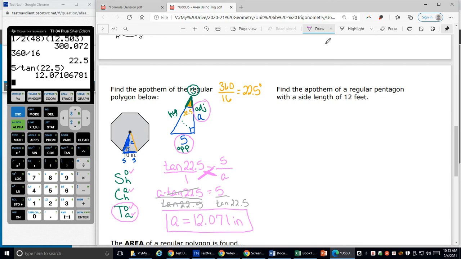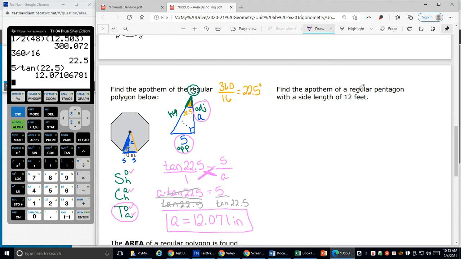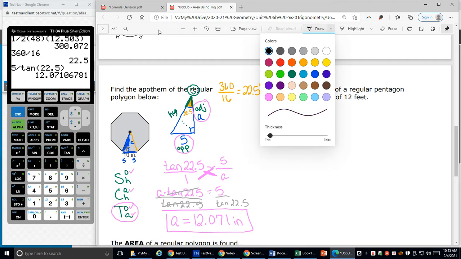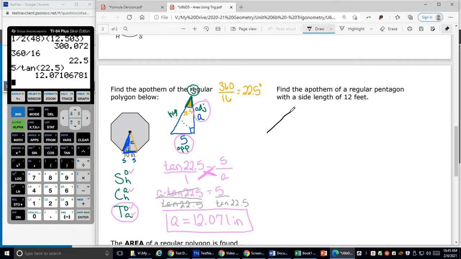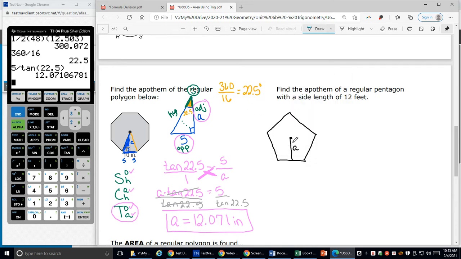Okay, let's look at this next video and see if we can find the apothem of a regular pentagon. So if I've got a pentagon, that's 5 sides, and I want to find the apothem. The first thing I'm going to do is think about the right triangle that's going to be made up by the apothem and the radius.